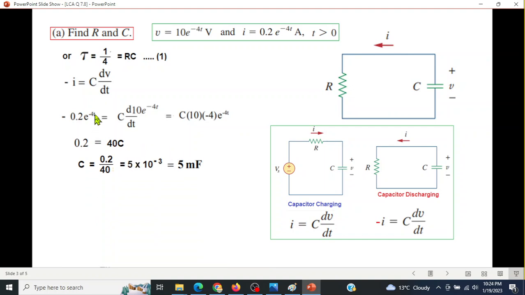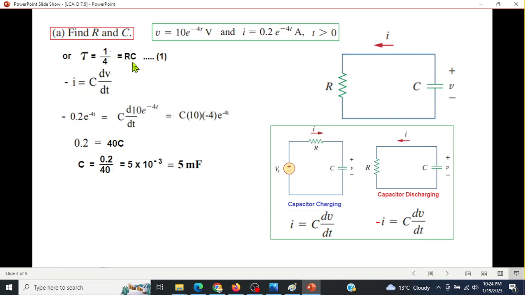Okay, now from here, this term cancels, so we get 0.2 is equal to 40C. So C is 0.2 divided by 40, which is equal to 5 times 10 raised to the power minus 3, or 5 millifarad. So the capacitor we have found.